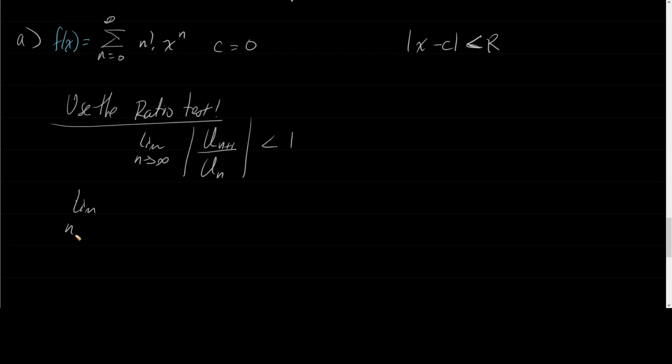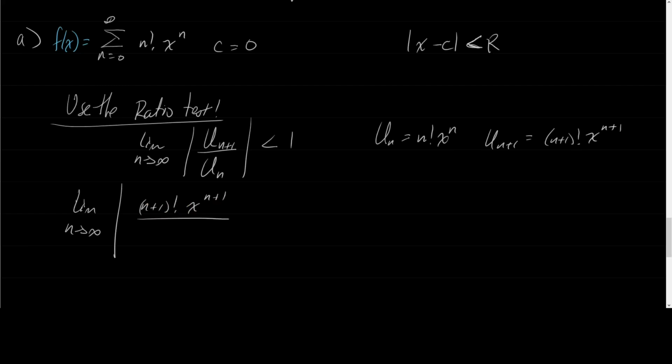So what does that give us? We have the limit as n goes to infinity of, well, what's u sub n in this case? u sub n is n factorial x to the n, and u sub n plus 1 would be n plus 1 factorial times x to the n plus 1. So we have n plus 1 factorial times x to the n plus 1 over n factorial times x to the n.